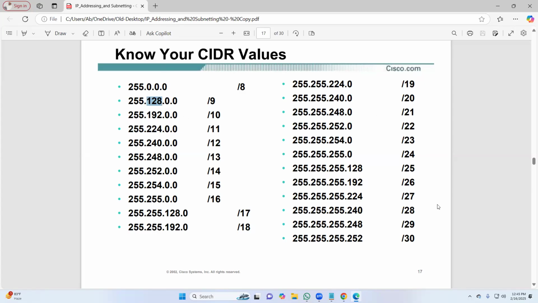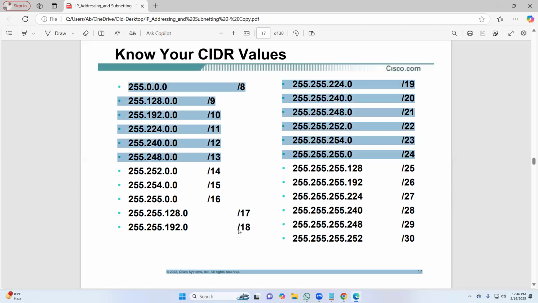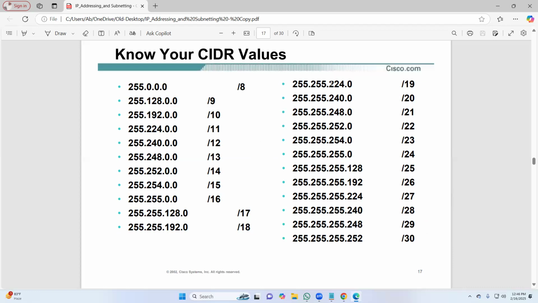How do we know which one is which? Mostly you just remember these numbers only, like 255. These are the very high numbers, /16. These are enough.